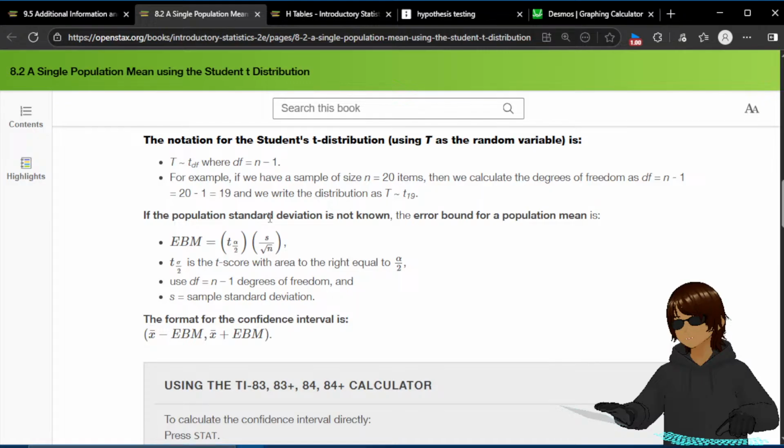The population standard deviation is not known. The error bound for the population mean is this. This is the t-score. The area to the right equals alpha over 2.